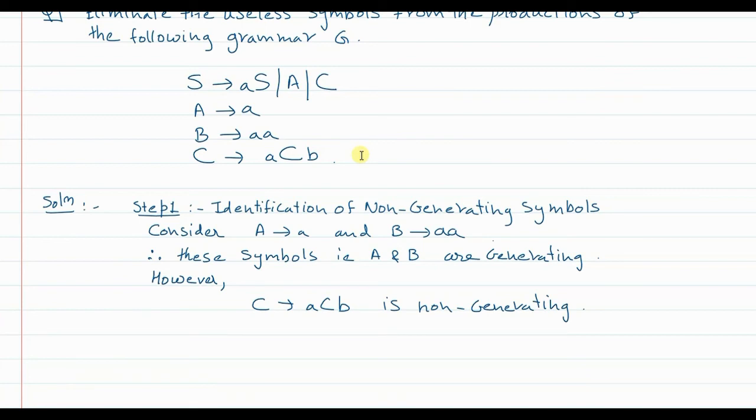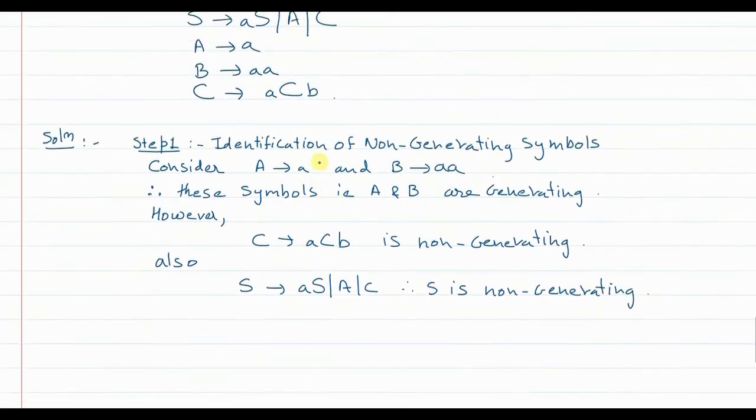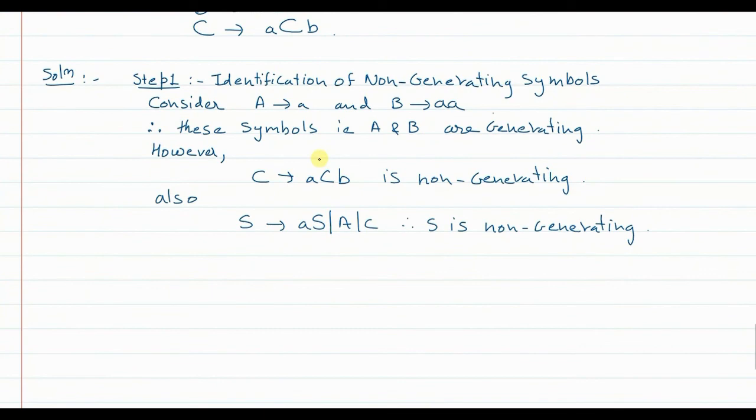There is no way C can generate a terminal string, therefore C is non-generating. Also, S gives AS or A or C, so therefore S is non-generating. But since S is a start symbol, you will not be able to eliminate capital S. You will have to eliminate only those productions where capital C is involved. Why? Because capital S, although non-generating, is a start symbol.